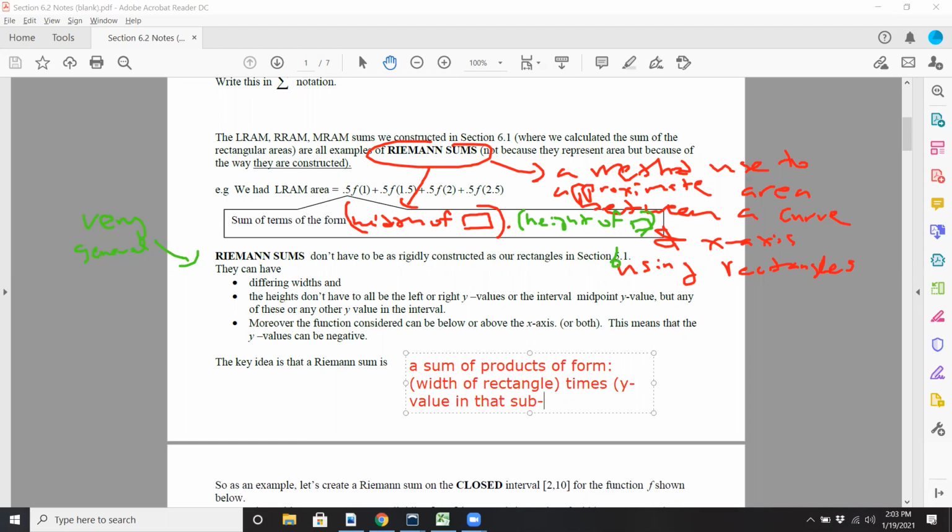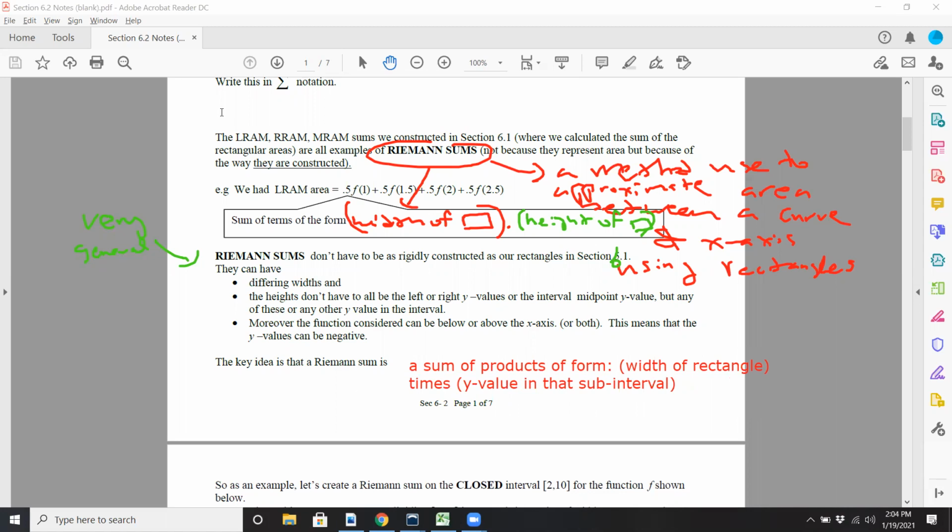Because you're going to have a bunch of intervals within an interval, so we call them subintervals. So the sum of products of the following form: the width of a rectangle times the y value in that subinterval. That's a Riemann sum. I do ask this in the Google form to answer in words. Feel free to use some variation of what I'm about to type.